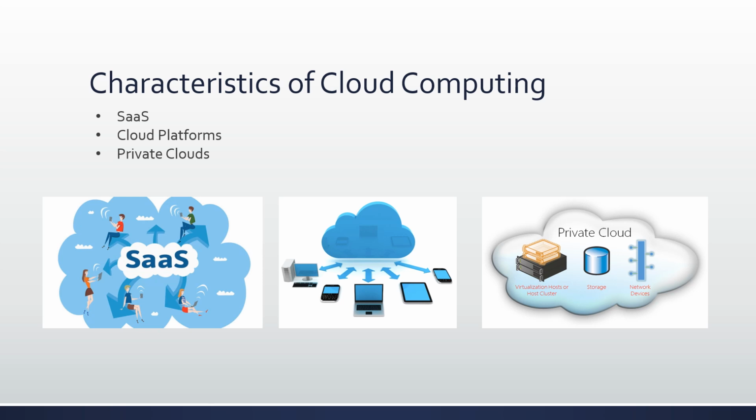This means the platforms are brought in-house. Now, another characteristic that you can have is a mix between them called a hybrid cloud. The purpose behind that category is to combine cloud computing platforms with private cloud technology to create a hybrid of both. So let's discuss each of these categories a little further in detail.